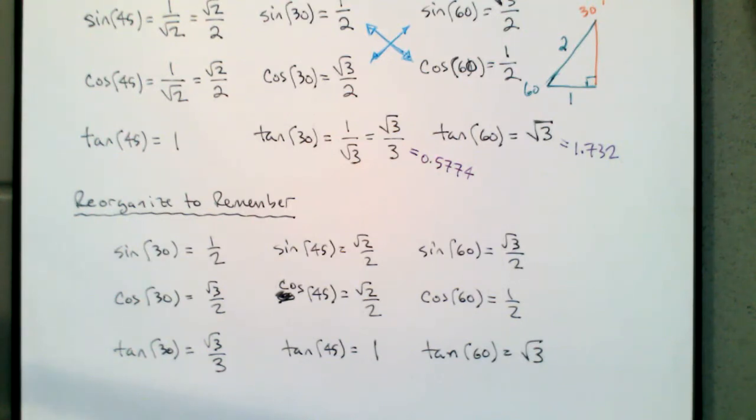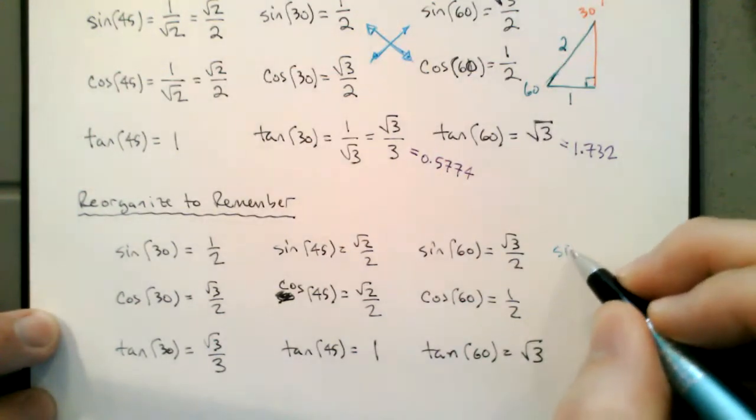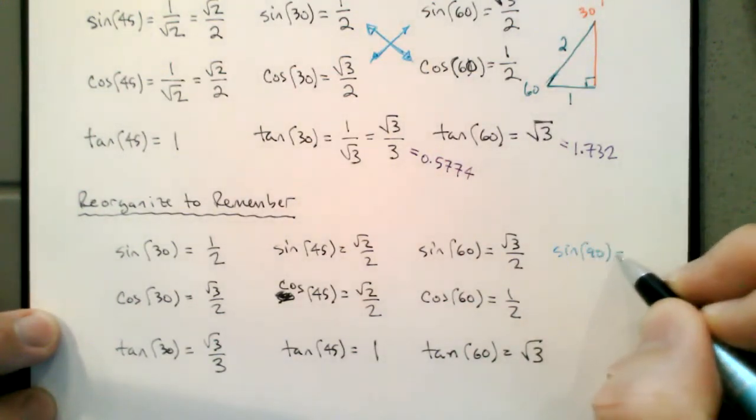This pattern is eventually going to continue on, because we're going to go past 30, 45, and 60, and we're going to drop all the way down to 0 and go all the way up to 90. So we're going to also include, later on, I guess technically I'm including it now, that the sine of 90 is equal to 1.